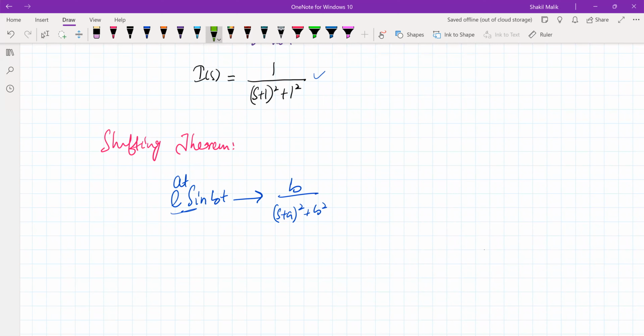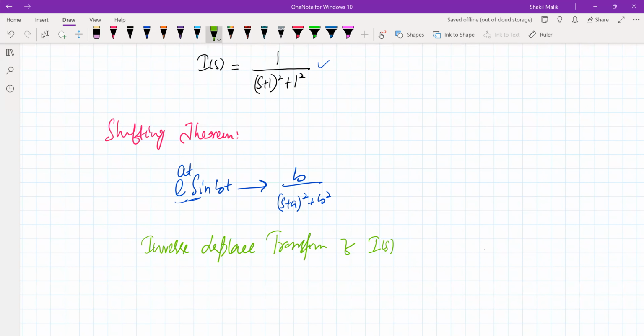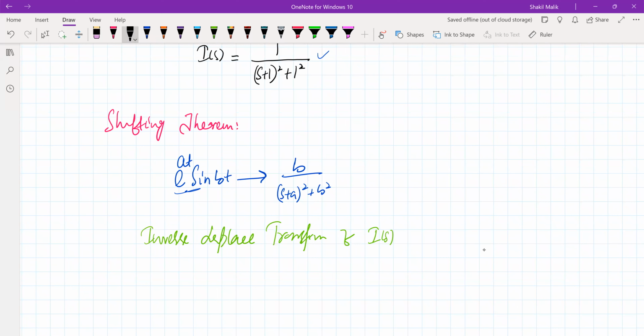So from this, taking inverse Laplace transform of I of S, it will be simply I of t is equal to e to the power of minus t, because a is equal to 1, and sine of bt, b is equal to 1, so it will be sine of t.